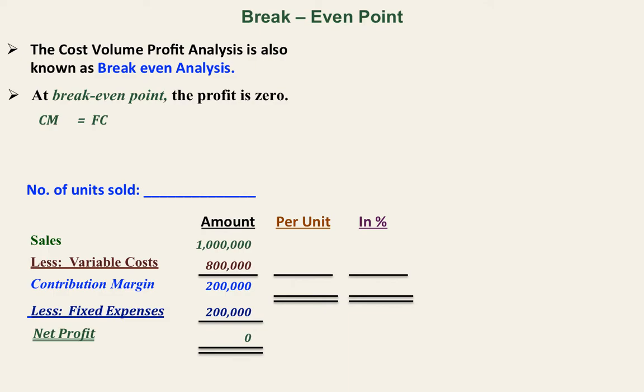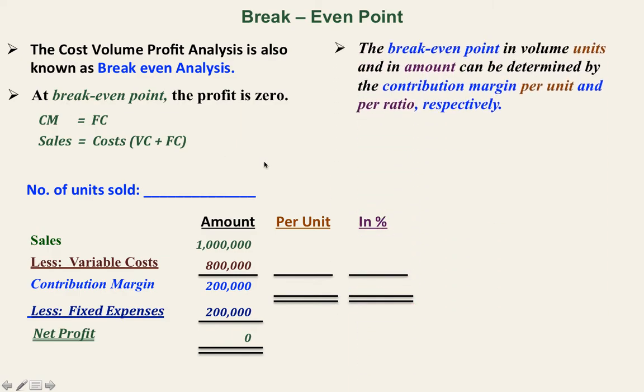Besides, we also have to express that at break-even point, sales is equivalent to cost, and the cost will include variable cost plus fixed cost. So 800,000 plus 200,000 is equivalent to your sales. This is only for break-even point.